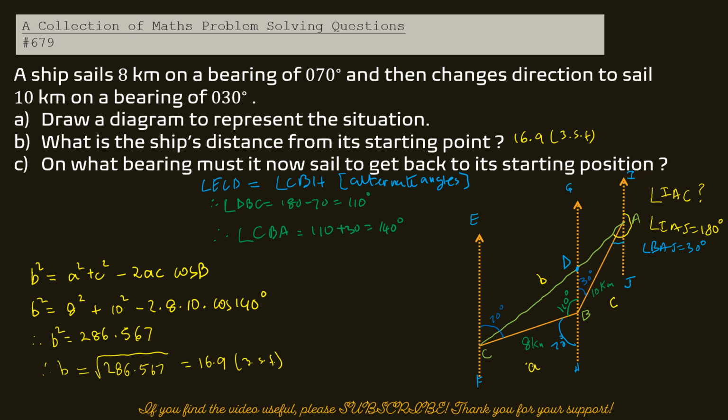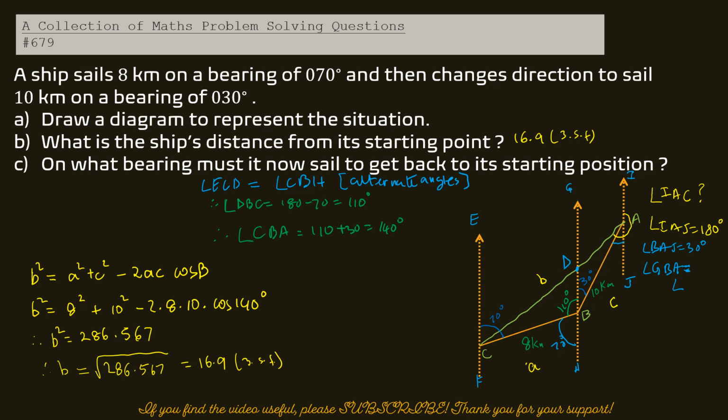The reason being, angle GBA equals angle BAJ, because they're alternate angles, so this angle would equal this angle.